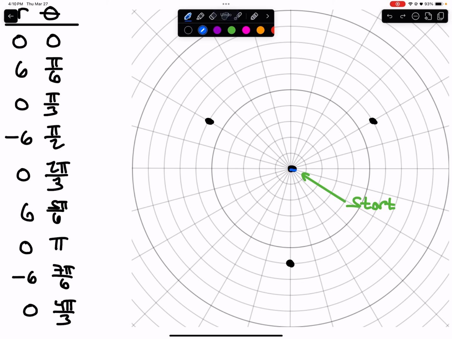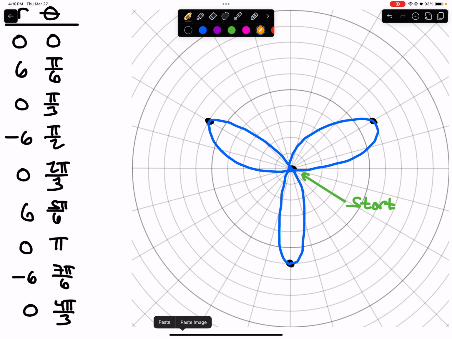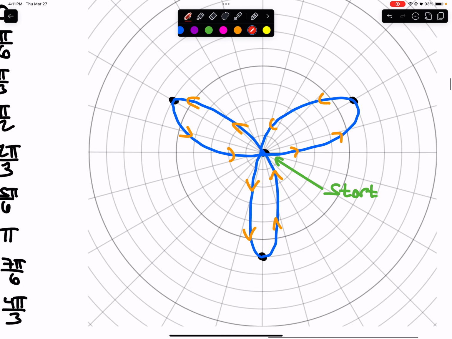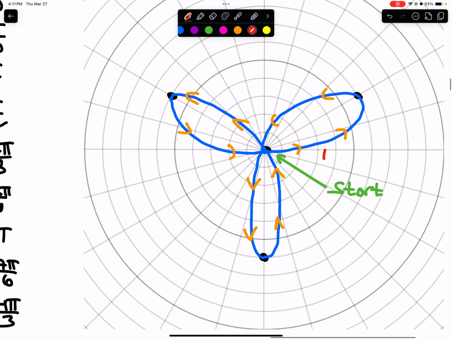Oop, I missed. I still kind of missed, but it's okay. Close enough. So now I'm going to do my arrows. Wow, this is actually quite terrible, but it's fine. So the order of these little segments is going to go 1, 2, 3, 4, 5, and 6.